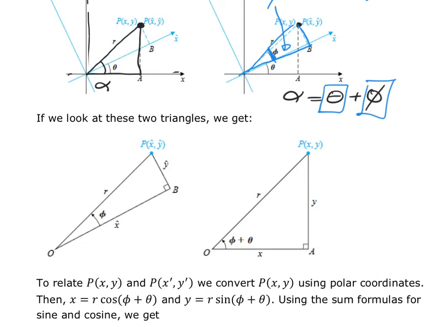So, like I said before, if this was the angle alpha, alpha is phi plus theta. Theta is the amount that we rotate the axes. So when I see theta, that is the rotation, how far you rotate the new axes off of the original.